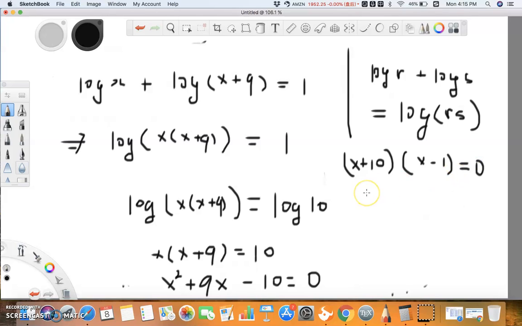So we have two solutions. One is x equals negative 10 and the other is x equals 1.